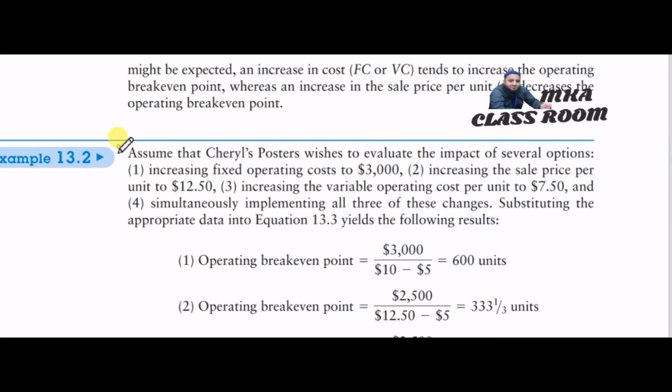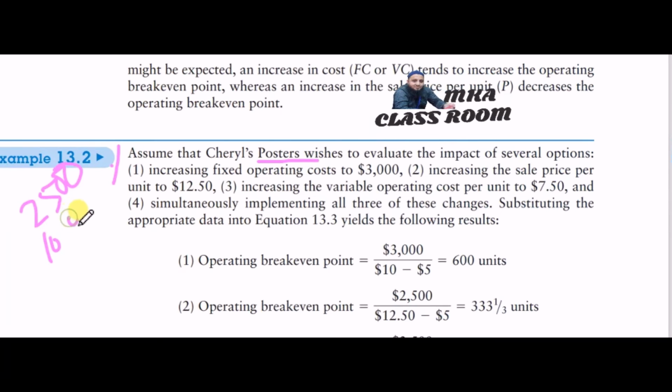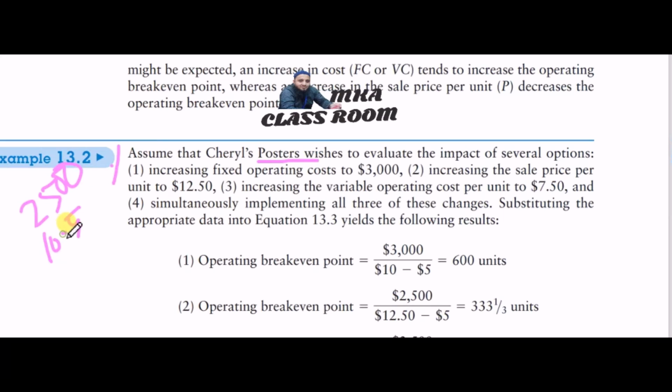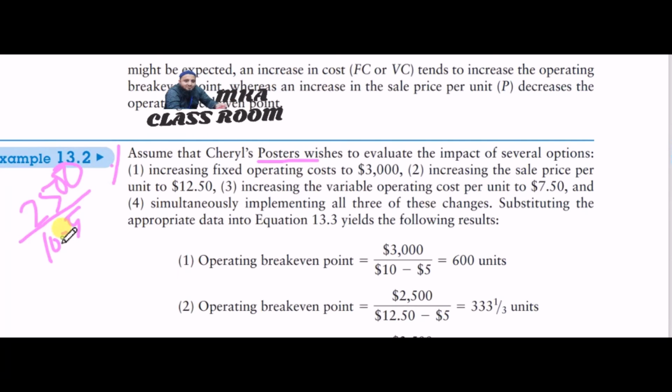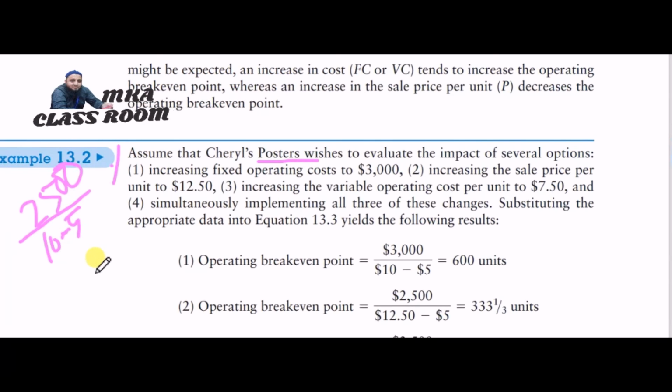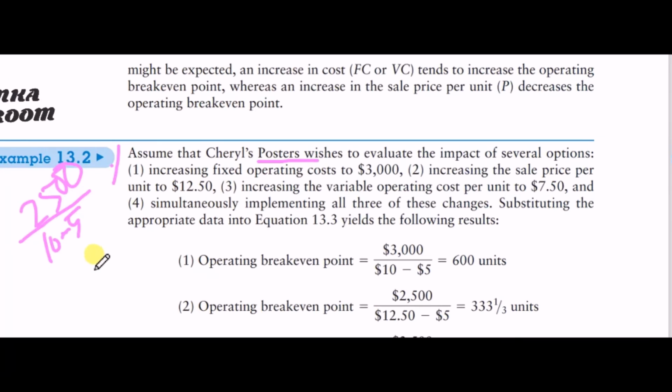In our previous example, the fixed operating cost was 2500, the sales price per unit was 10, and the variable cost per unit was 5. But here there are several changes.